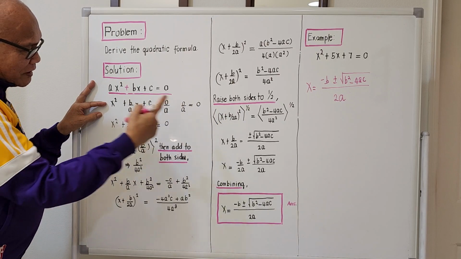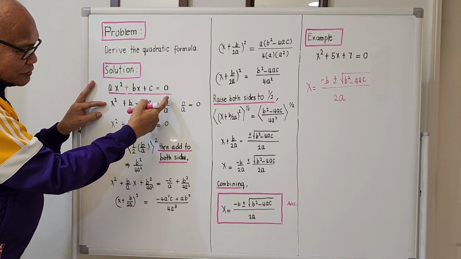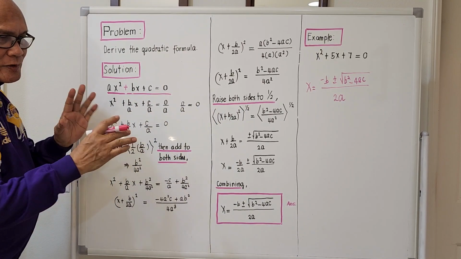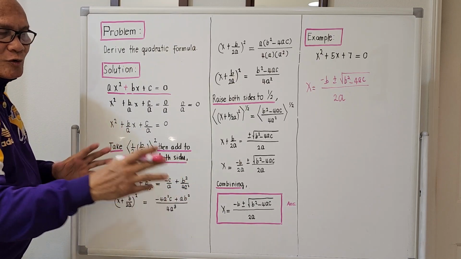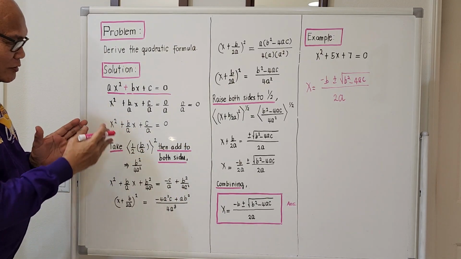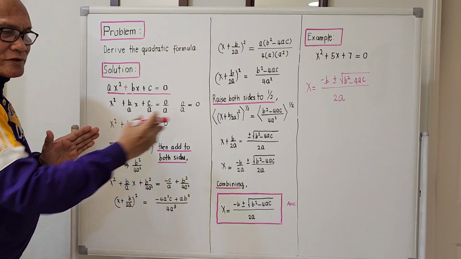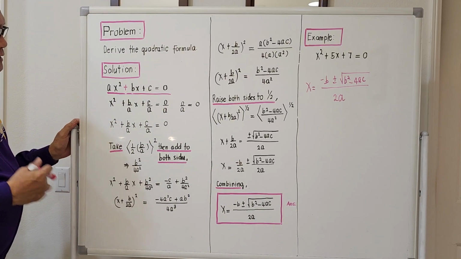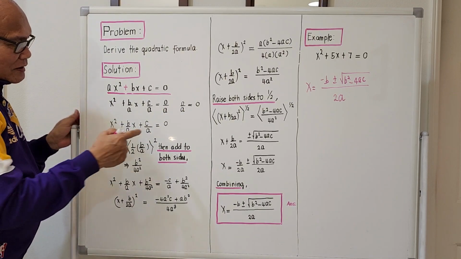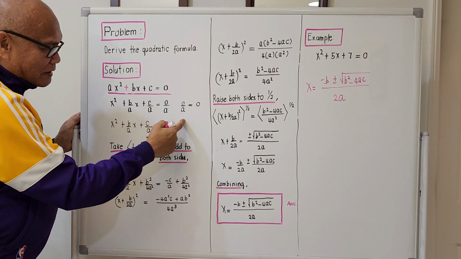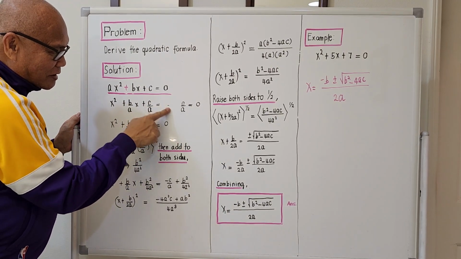And the right hand side is 0, right? So 0 divided by a. I just presented the right hand side as 0 because we divide all terms by a, in which the value 0 over a is 0. So this is actually 0.